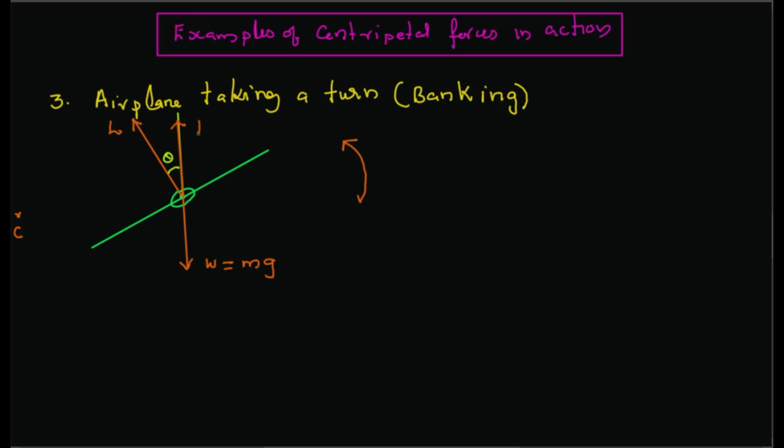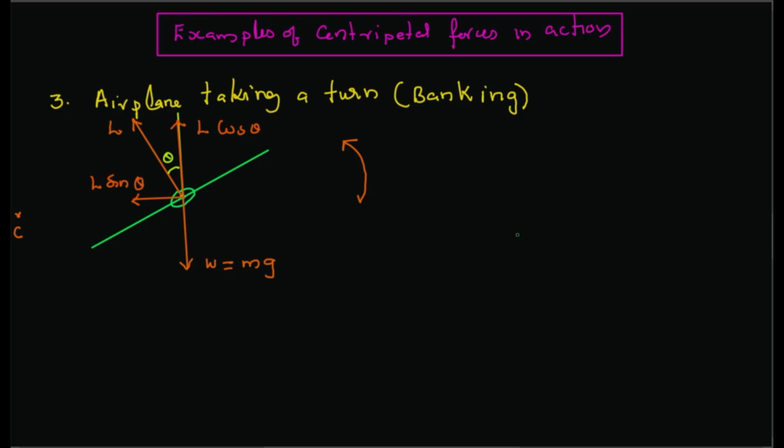You can write it as L cos theta. This L cos theta must balance the weight. And we have the horizontal component of the lift acting towards the left. Let's put an arrow to show its direction, and we can write it as L sine theta. This should provide the centripetal force to make the plane turn.